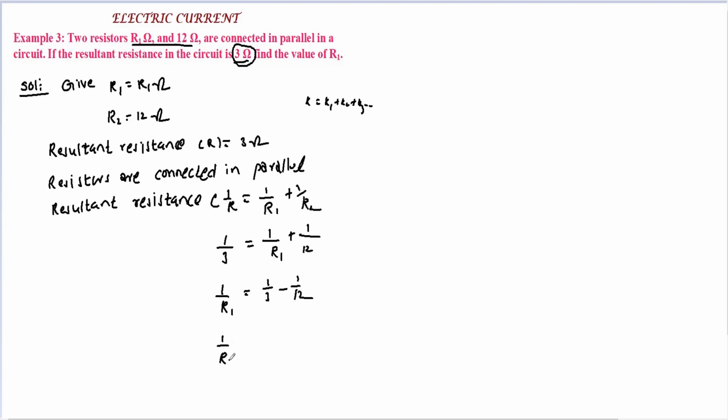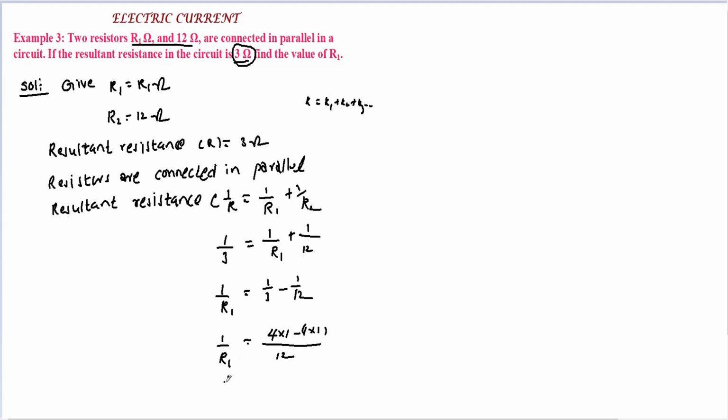So 1 by R1 equals, the LCM of 3 and 12 is 12. 3 fours are 12, so 4 into numerator 1, minus 12 ones are 12, that is 1 into 1.